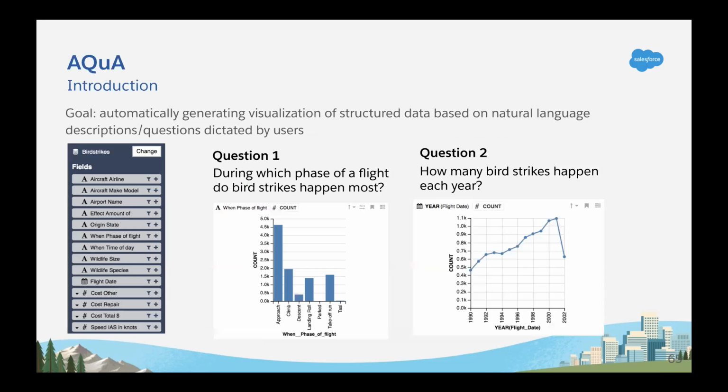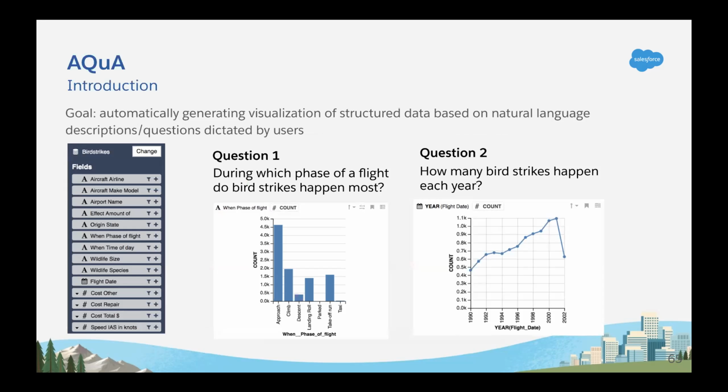A second ongoing project is called Aqua. The goal of the Aqua project is to automatically generate visualizations of structured data based on natural language descriptions. Why do we do it?